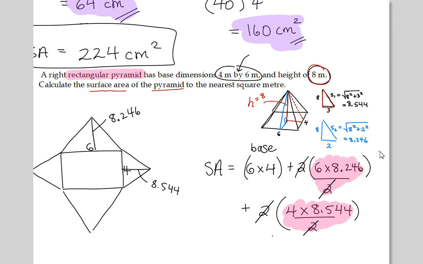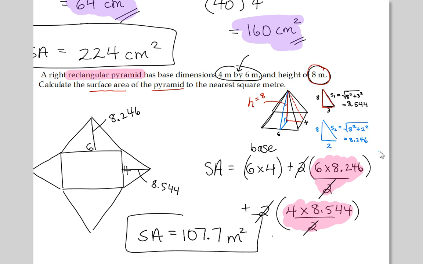And then you can finish this off. 6 times 4 plus 6 times 8.246 plus 4 times 8.544. Final answer of about 107.7, roughly, meters squared. So we saved the worst for last. That one's tough.